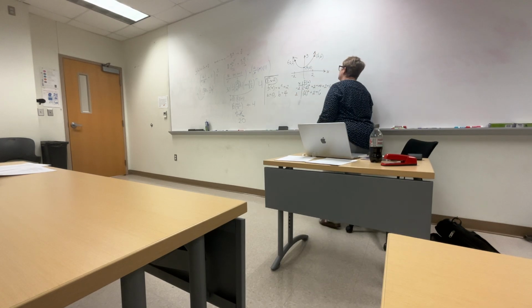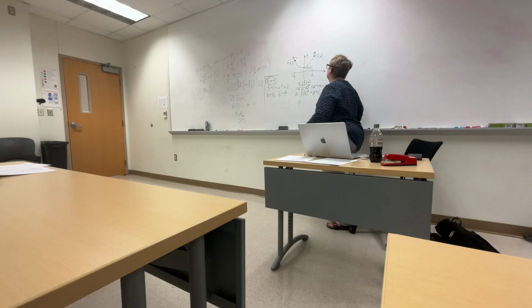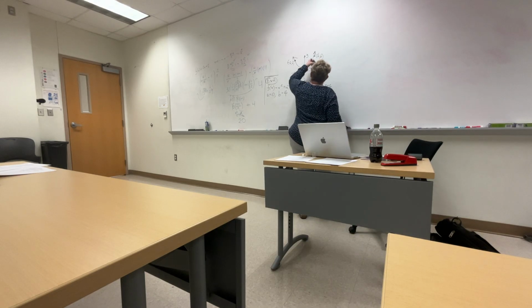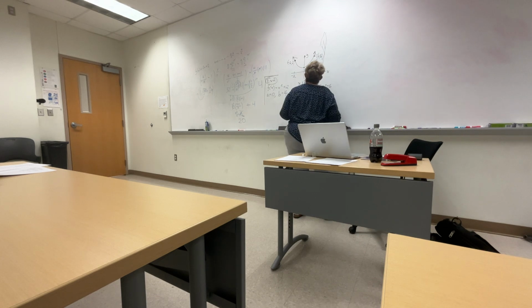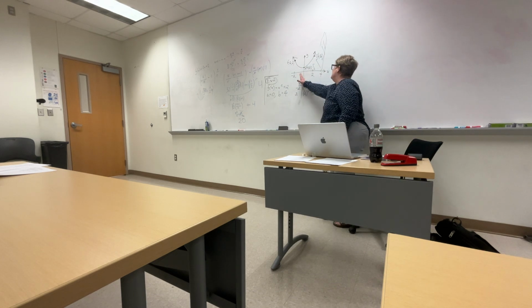And so you can see that the area that we're looking at is not quite on our drawing. It's this area between x equals 0 and x equals 4, and it runs up.